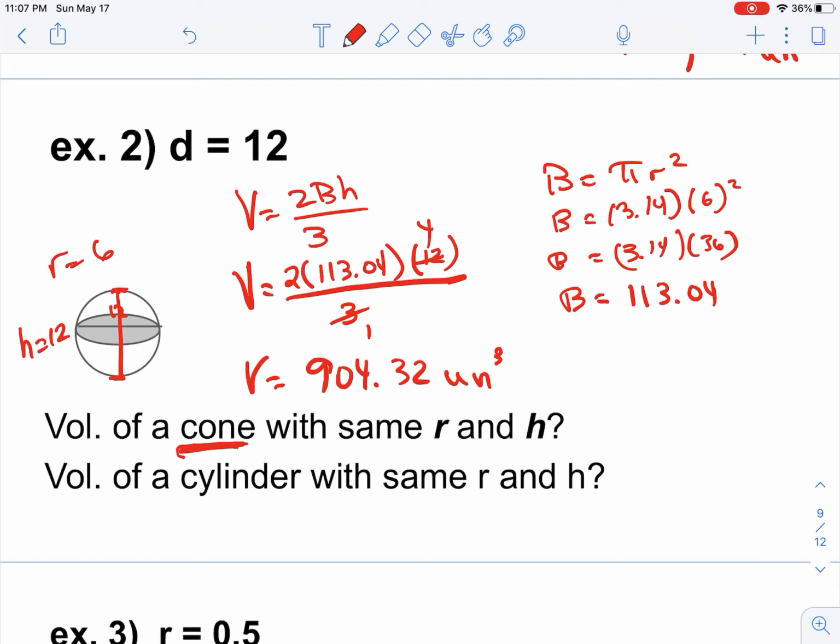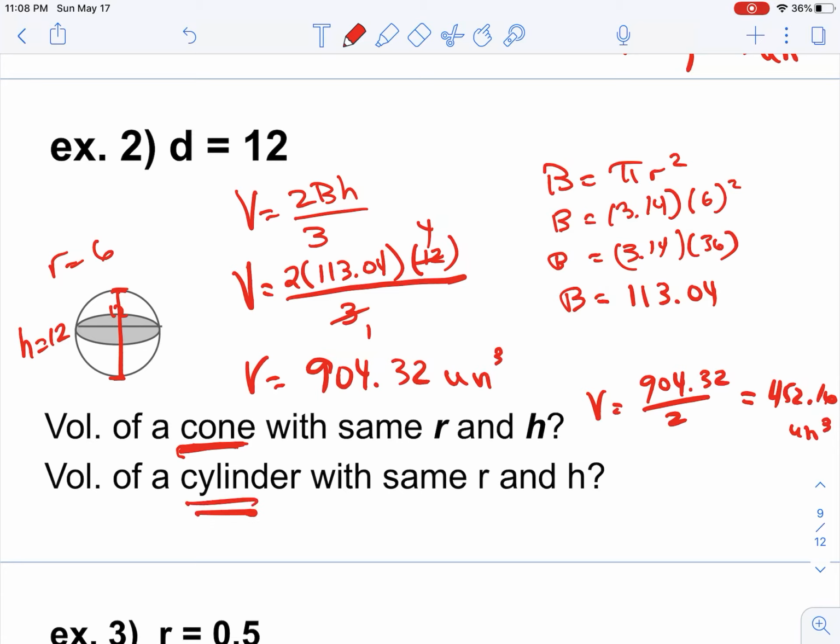If we want to go find a cone's volume with the same radius and height, we know since it's 2 cones for the sphere, to find 1 cone, just divide it in half. So 904.32 divided by 2 is going to be 452.16, and that's units cubed.